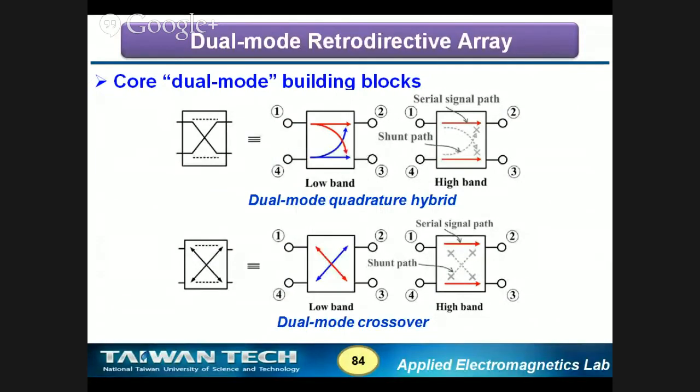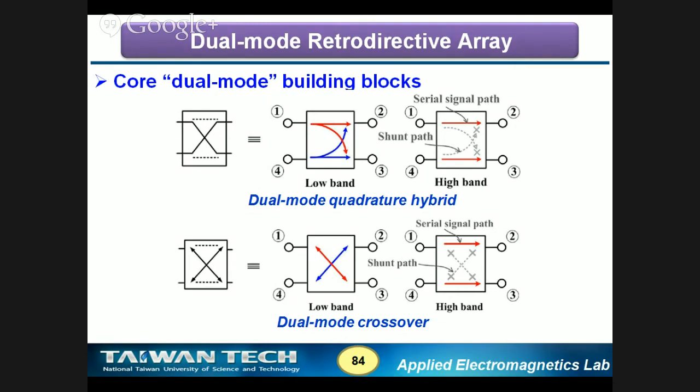Similarly, for the dual mode crossover, in the low band it is just like a traditional planar crossover, using a combination of two branch line couplers. But in the high band, it will become, once again, a pair of isolated transmission lines. Okay? Have this in mind.